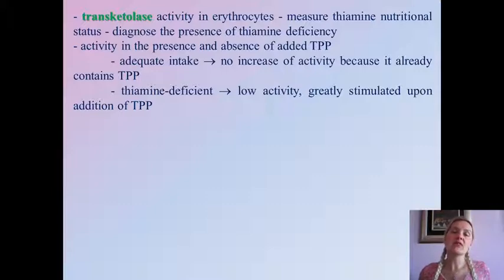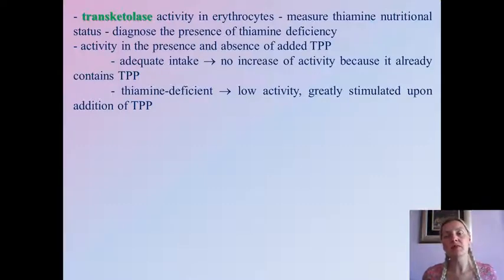But in thiamine deficient patients, at the beginning, the enzyme will exhibit rather low activity, but upon addition of TPP, it's going to be greatly stimulated, indicating that there is a thiamine deficiency and that there are some active sites and parts of the enzymes which are not saturated by sufficient amounts of TPP.